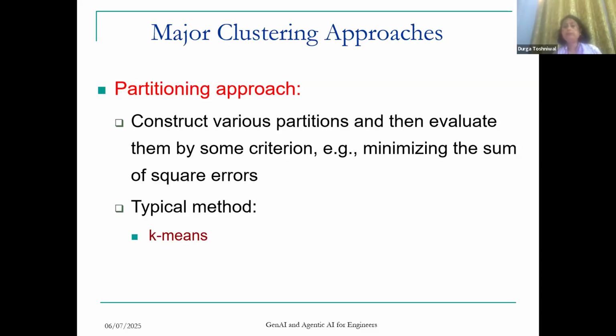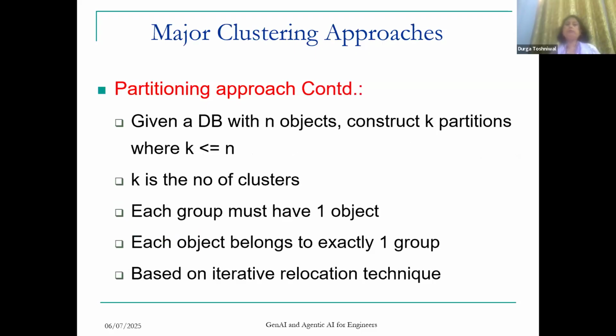Now, in partitioning, when we divide the given data into partitions or subsets, we have to do it in such a way that each and every subset is disjoint from any other subset. This means that in partitioning, all the subsets are different.